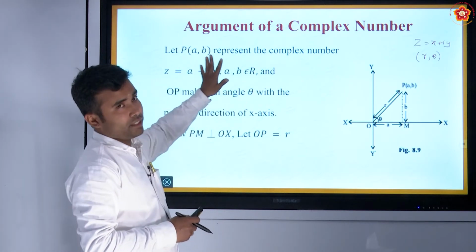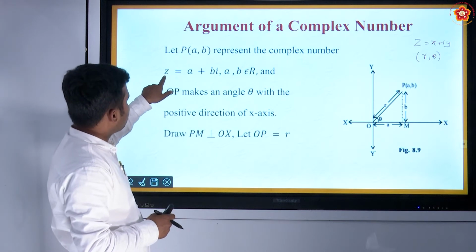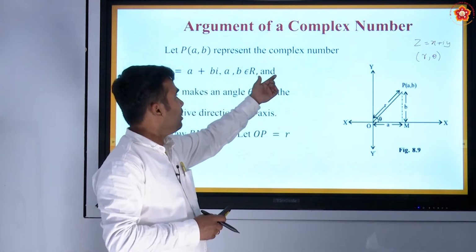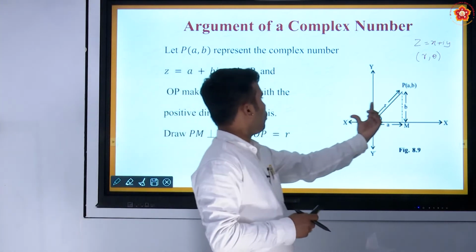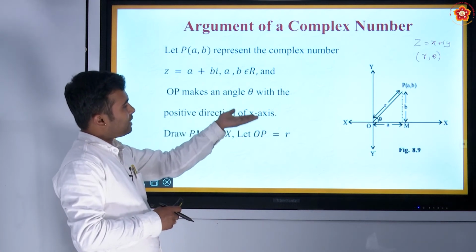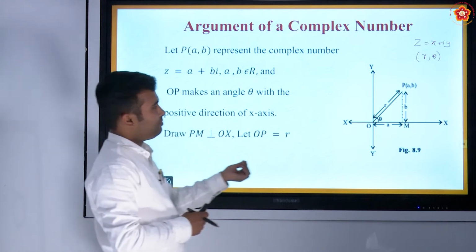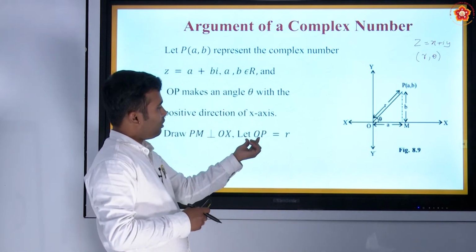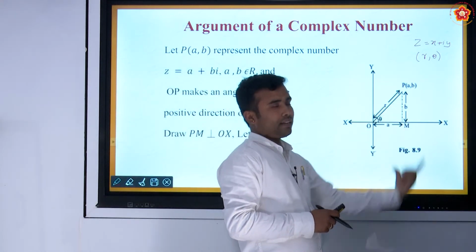We have represented the complex number in the form of a point, and that can be represented as z equal to a plus bi, where a and b are real numbers. The line OP makes an angle theta with the positive x-axis. Theta will be the angle, and we draw PM perpendicular to the x-axis. The distance OP we represent as r.